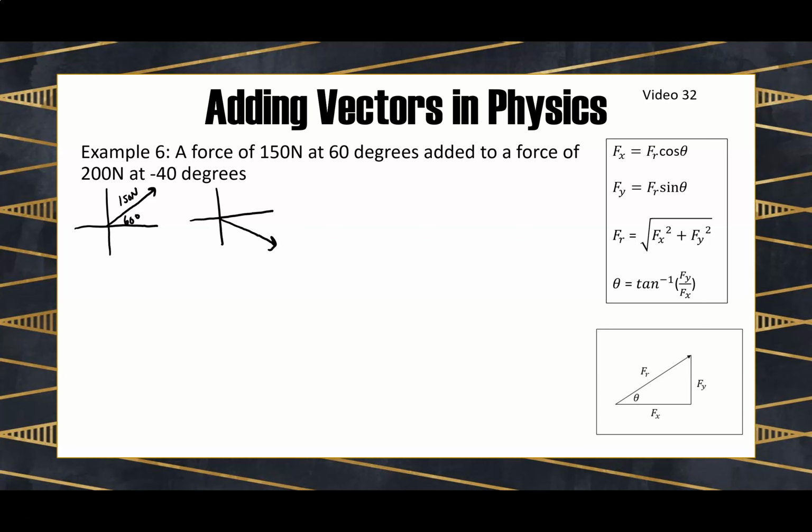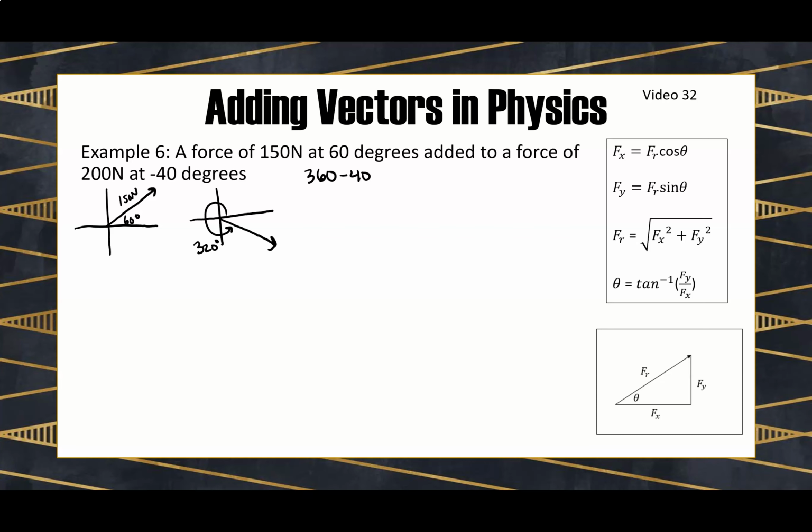So if this is negative 40 degrees going this way, I want to know what this is going in that direction. And of course, that's going to be 360 minus that 40, which gives me 320 degrees. So instead of writing 40, which isn't super helpful here, we should instead write that this is 320 degrees.